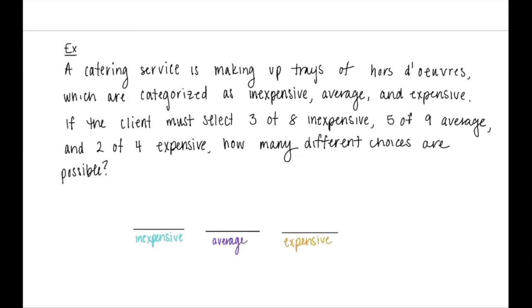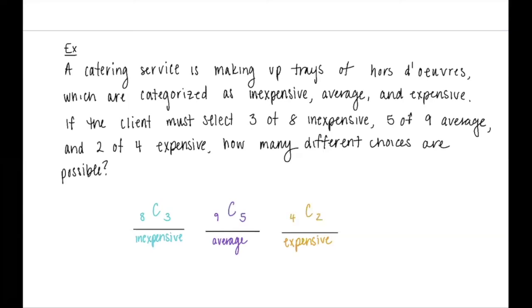Again, the order I select the appetizer doesn't matter. I've got 8 inexpensive ones. I'm going to select 3 of them. The order of selecting 3 makes no difference. But from 8, we're going to choose 3 for the inexpensive. For the average, from 9, we're choosing 5. And from expensive, from 4, we're choosing 2.